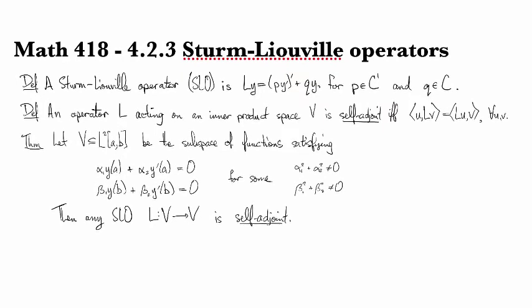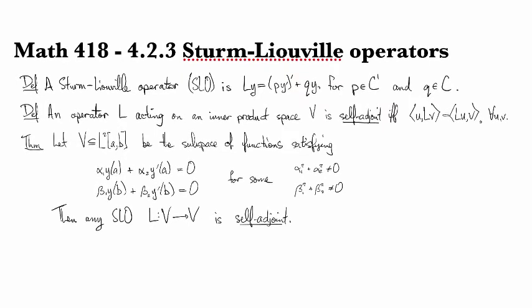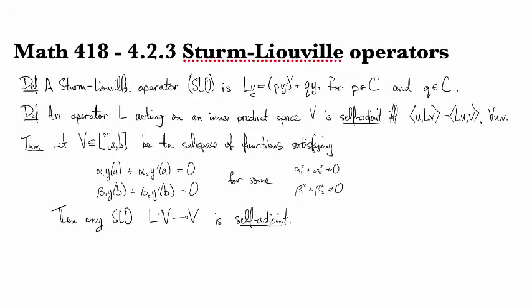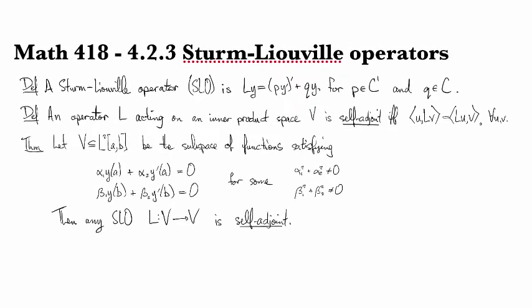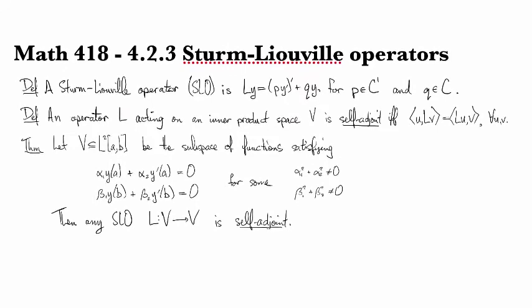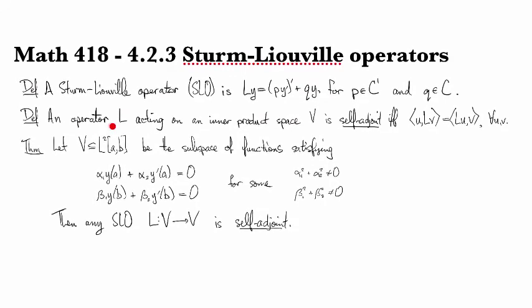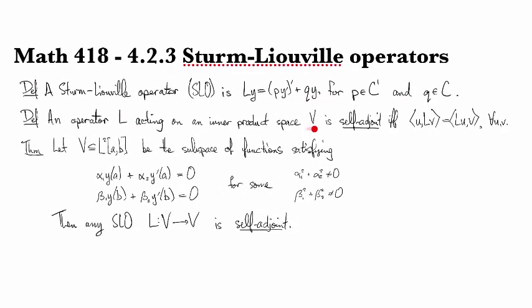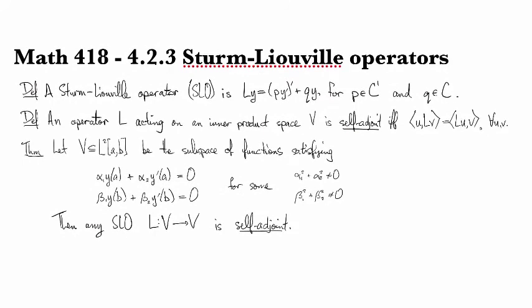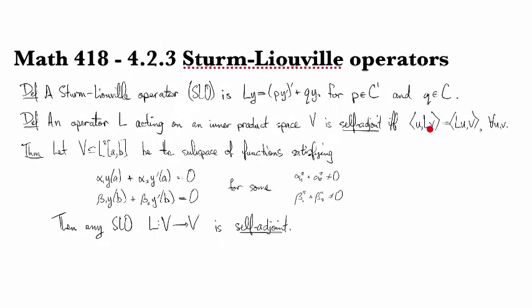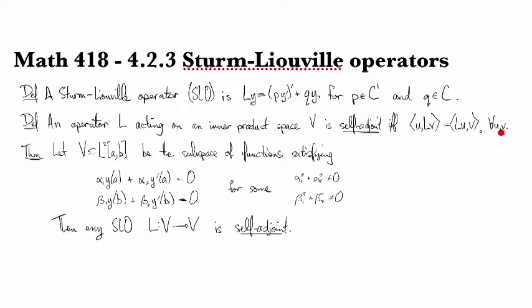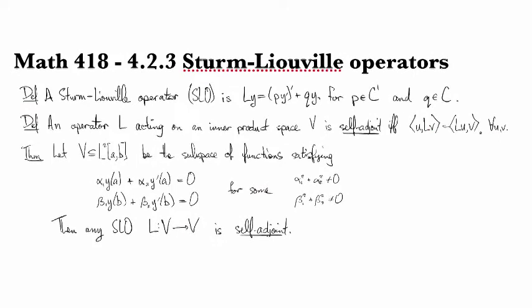So we have an important idea of a self-adjoint operator, which is the generalized version of symmetric, if you think about symmetric matrices. An operator L acting on an inner product space V is called self-adjoint if and only if you can move it from one side of an inner product to the other side, regardless of what vectors you've got in there.